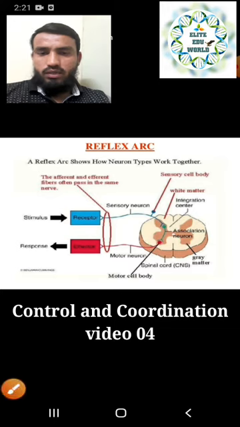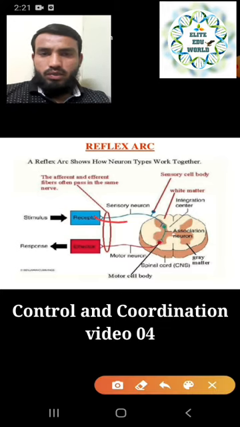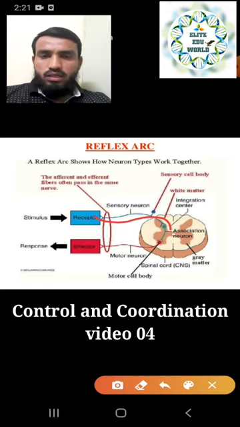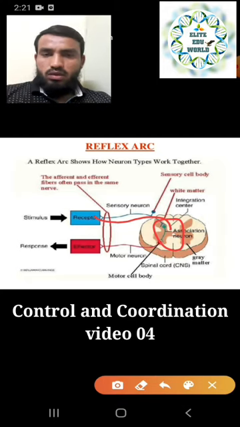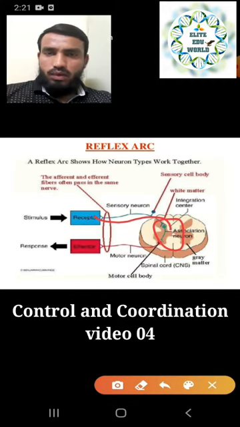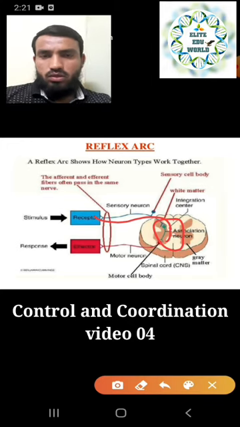From here to here, you can say the afferent. Then there is a mixed nerve, as we have seen already, combining sensory and motor nerves. The one taking the message from the spinal cord to our effector is called the motor nerve. So from here it is the motor nerve.